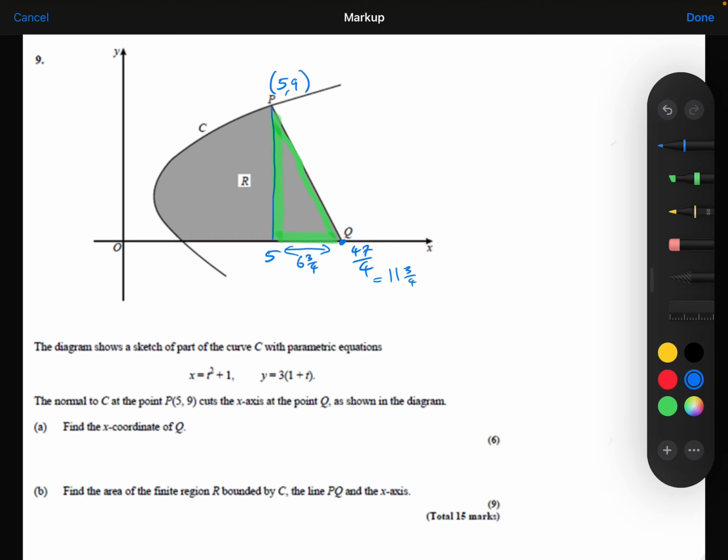The height of the triangle is 9. So we can do half base times height. So 6 3/4 times 9, divided by 2. So the area of that triangle is 243 over 8.